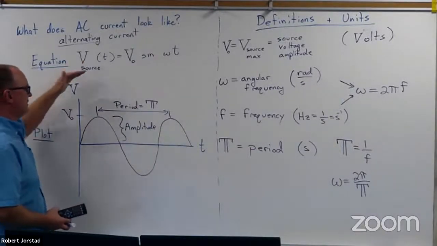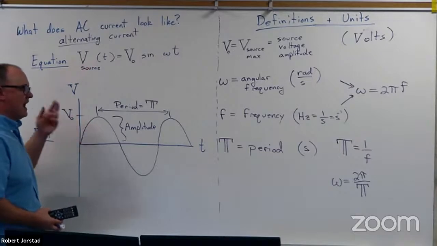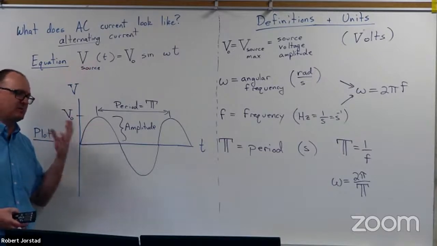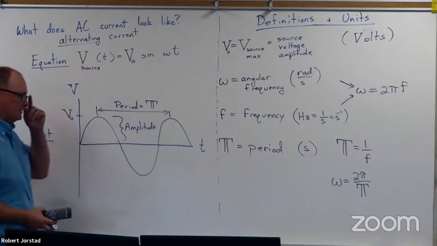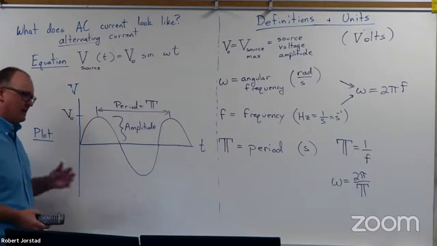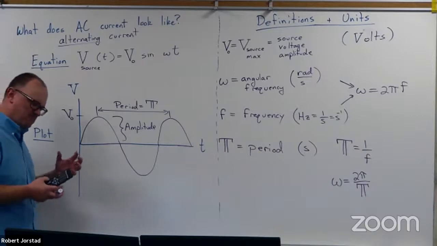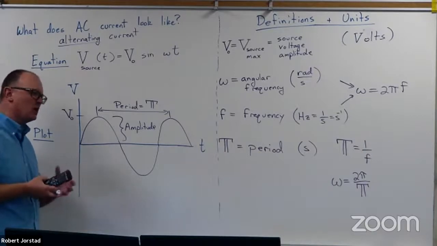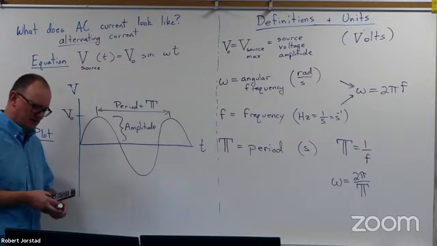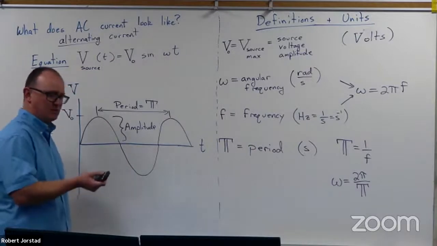We've got our equation. We kind of know what this looks like. Now, instead of doing a bunch of math with this, we're going to do that later. Right now, I want to try and understand what these things are actually going to look like in circuits. So let's go over to some demos and look at them. And I'll try and walk you through a bunch of different demos.